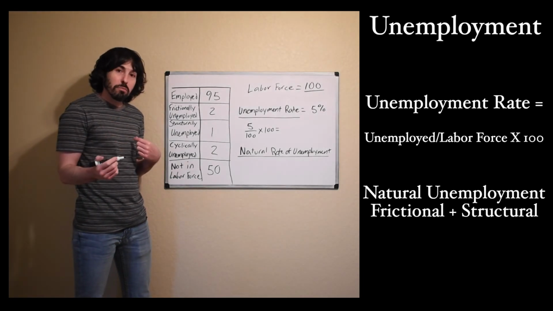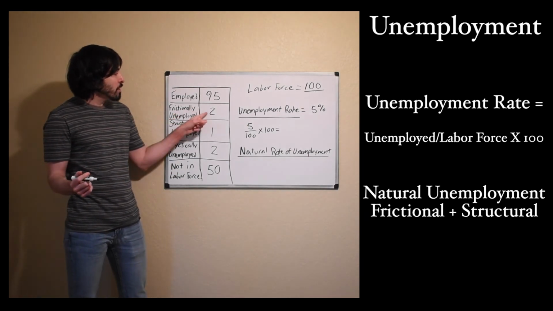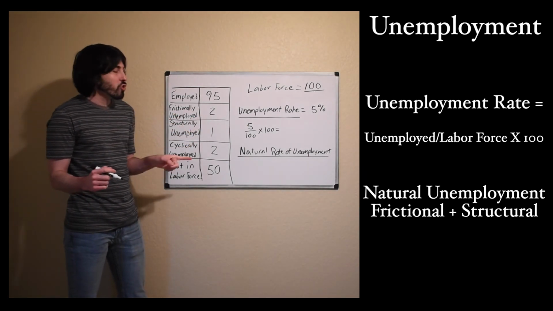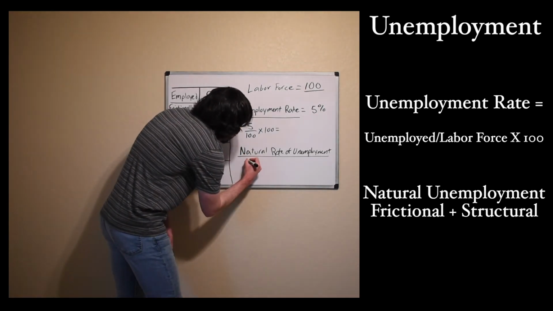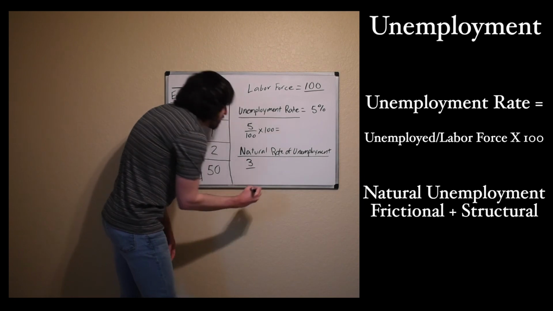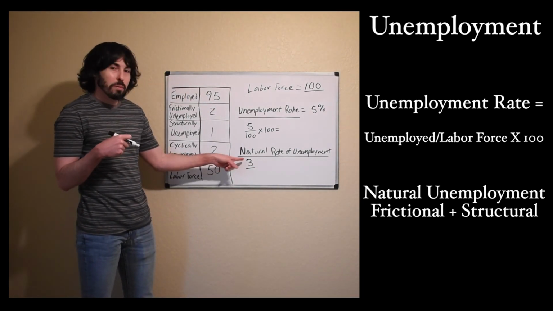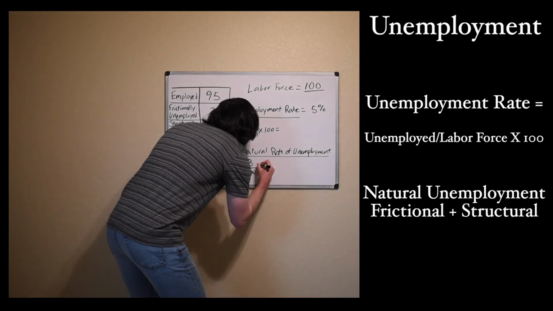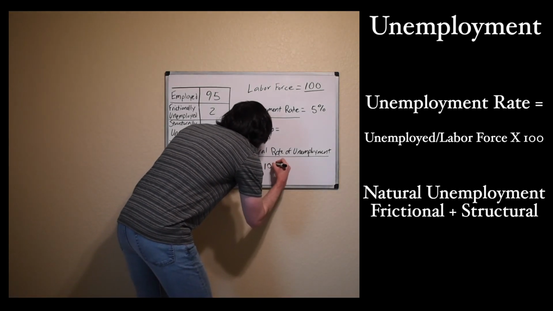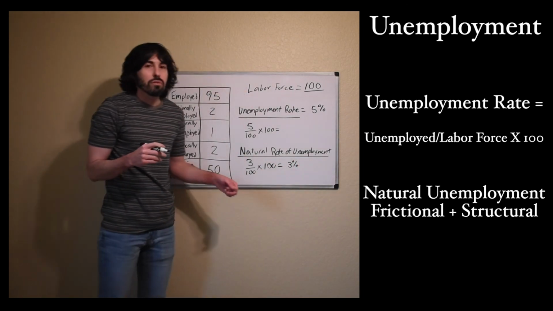The 2 types of unemployment that make up the natural unemployment rate are going to be our frictionally unemployed people, so 2, plus our structurally unemployed people, so 1. So we have 3 people in this country that are actually naturally unemployed. And then we take that 3 people, divide it by the labor force, times 100. And what we have there then is a 3% natural unemployment rate.